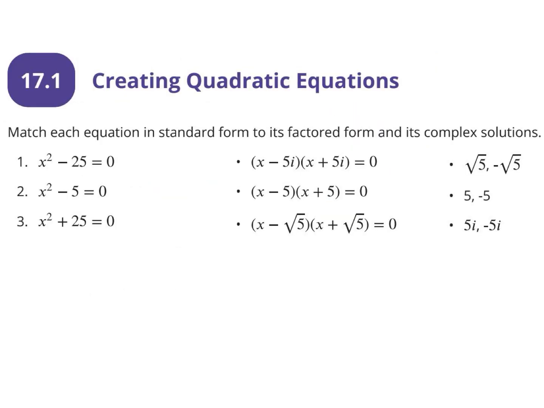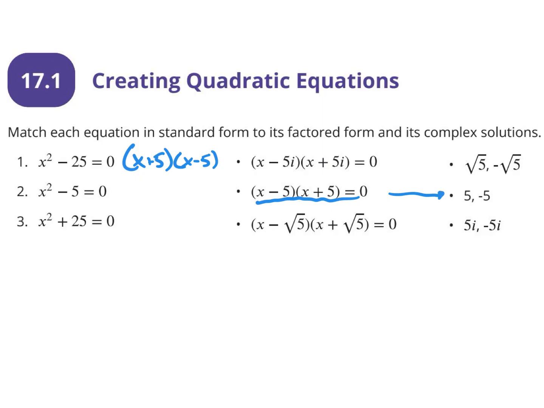All right, now, up until now, we've been able to solve equations. So let's look at 1. 1 is a difference of squares. So this is x plus 5, x minus 5. So 1 goes with this one, and the roots are positive 5 and negative 5.